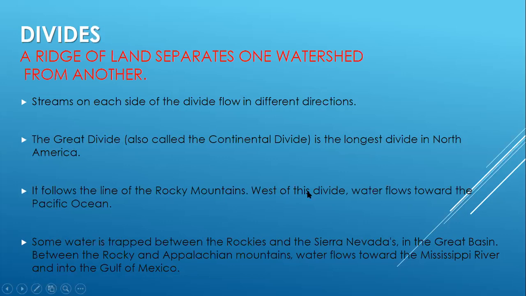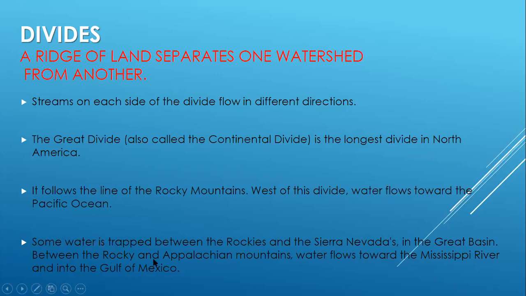West of this divide, water flows towards the Pacific Ocean. It runs parallel to the line of the Rocky Mountains, guys. Also, some water is trapped between the Rockies and the Sierra Nevada, in the Great Basin.